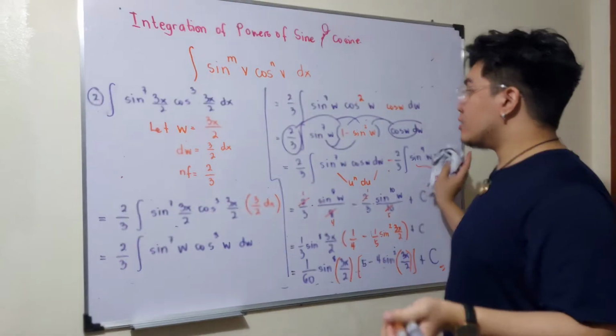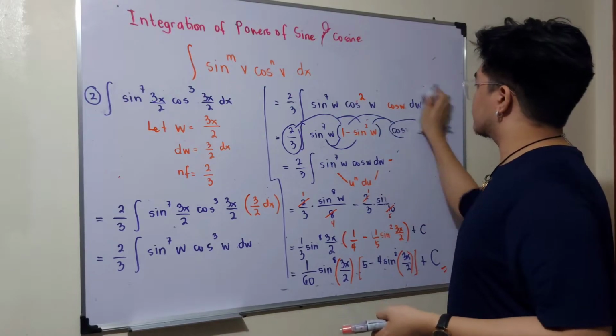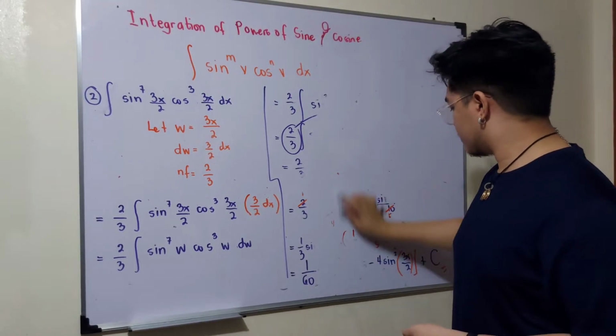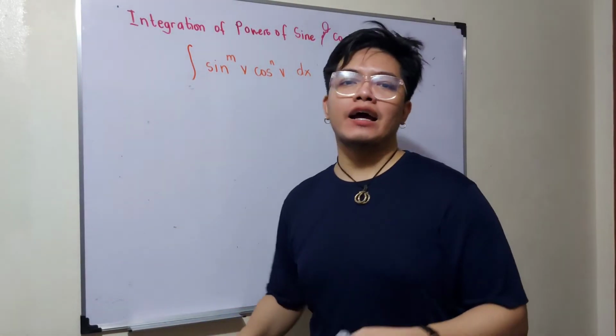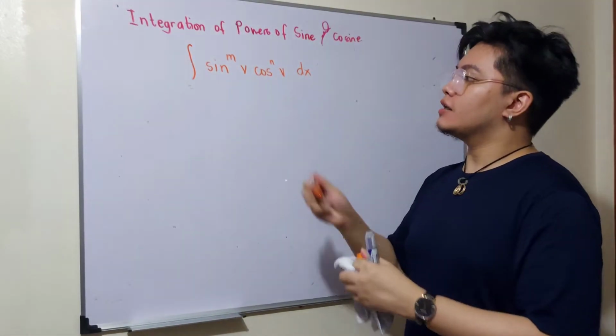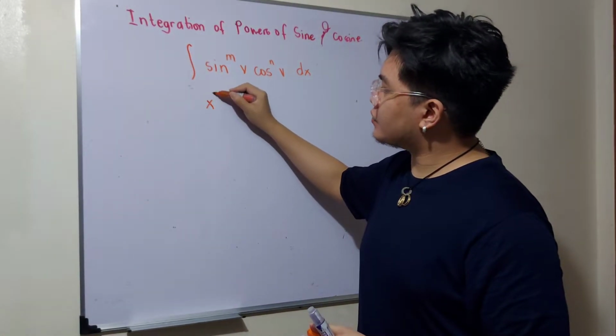Okay, last example. Okay, sige na nga. Review tayo sa factoring. So, halimbawa, we have here x squared.